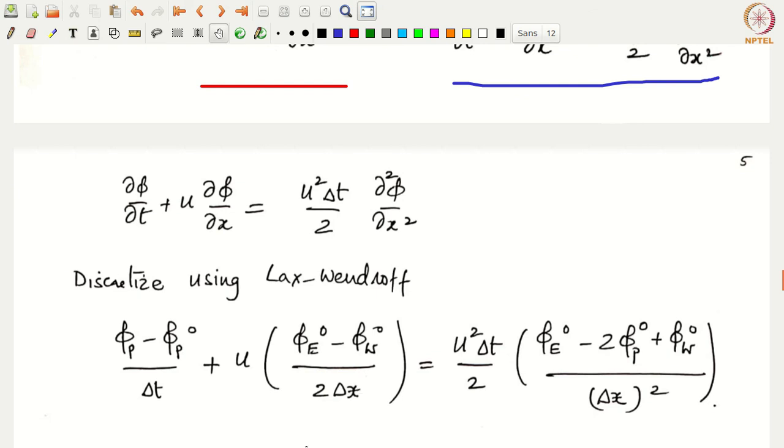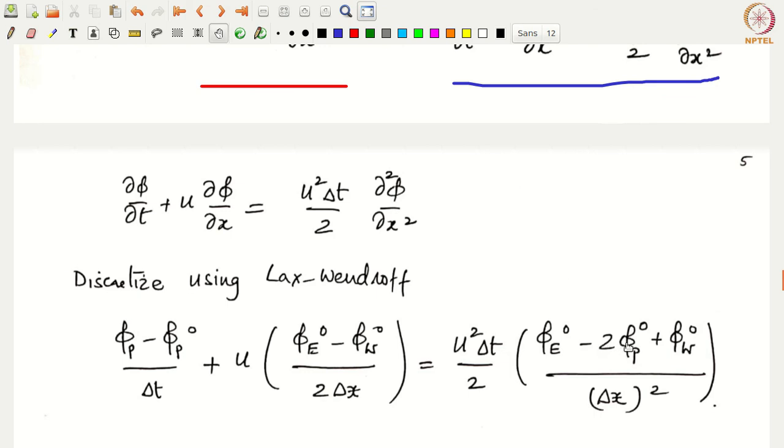And on the right hand side, what you get is u square delta t by 2, and the second derivative. It appears as if we have substituted using a finite difference formula, but this is done with finite volume. You get pretty much the same result here. So you get partial phi partial x east minus partial phi partial x west, and each of them would have phi east minus phi P, minus phi P minus phi west.